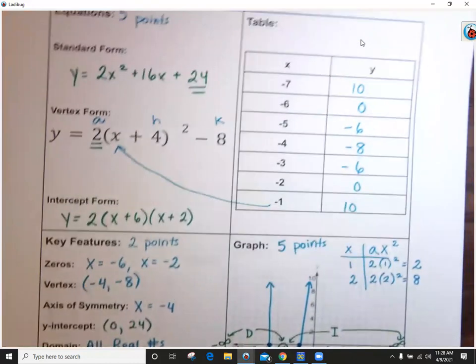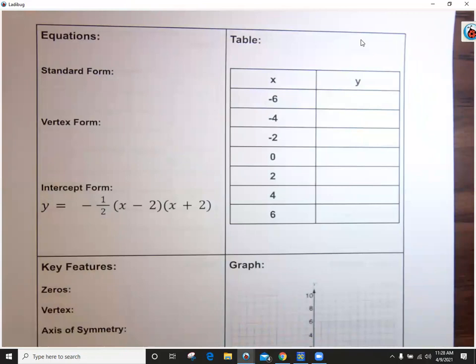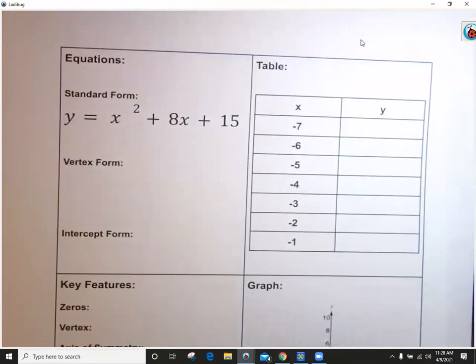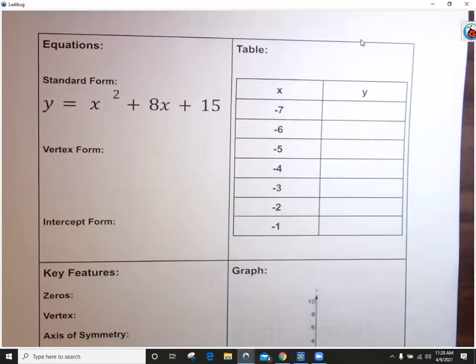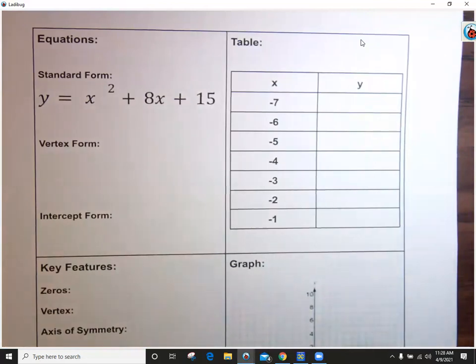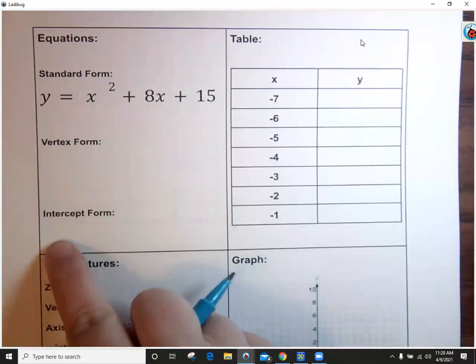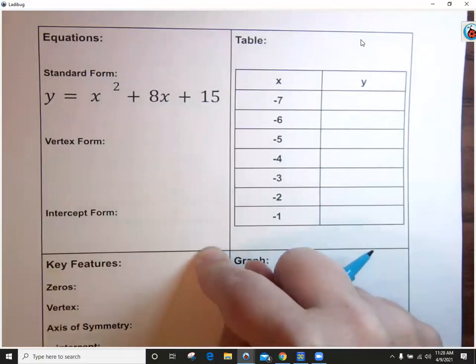What did y'all's third page start with? Intercept form or standard form? Started with standard? Okay. So standard form is y equals x squared plus 8x plus 15, and we need to fill out everything else. I know I said I like to graph it first, but for some reason I really want to get this one to intercept form first, just because that looks easy.